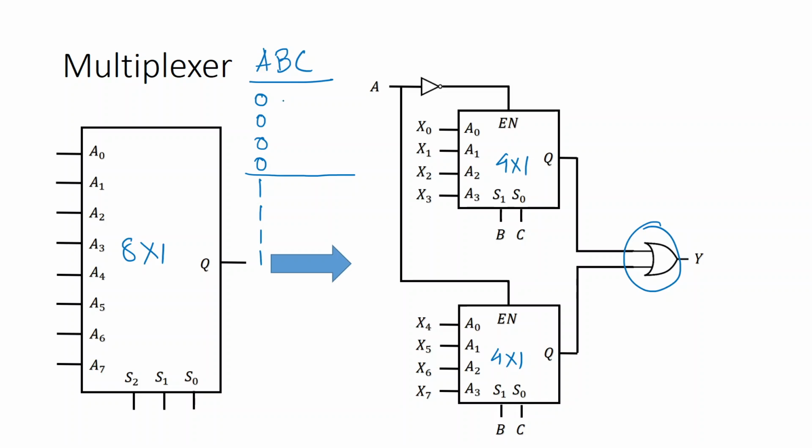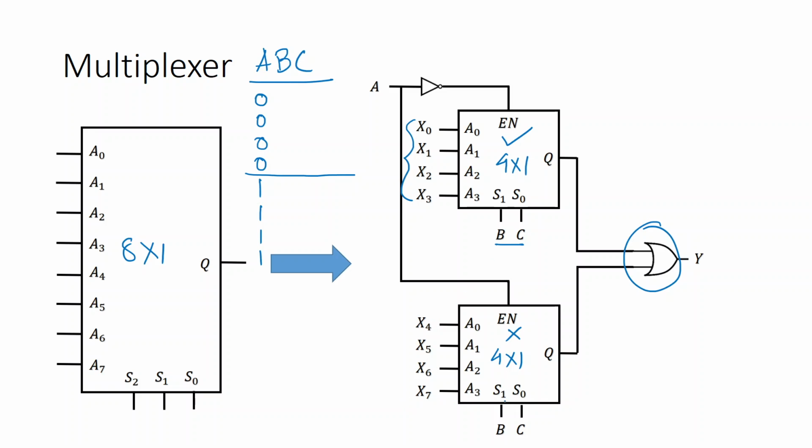So when A is 0, you notice that the first mux is activated and the second mux is not activated. Hence, the only possibility is to pass X0 to X3 depending on what your BC is.